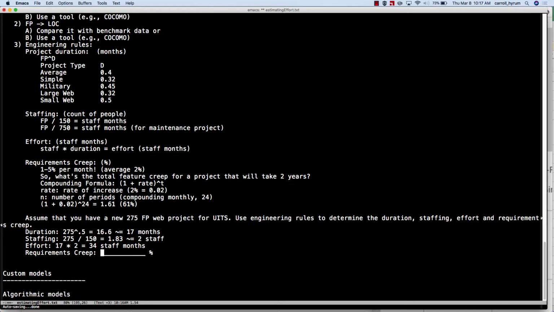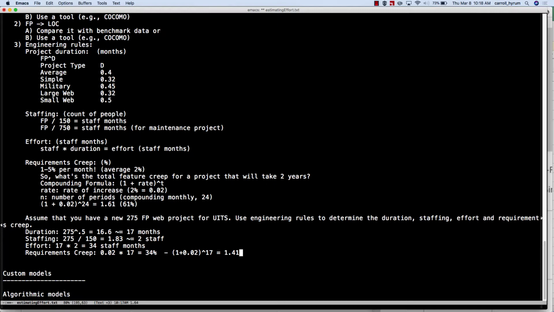So if we have 2%, for a lower bound, we could say, we're going for 17 months, so that equals 34%. For a higher bound, it's going to compound. So we raise it to the 17 months of increased feature creep, and that equals 1.41.